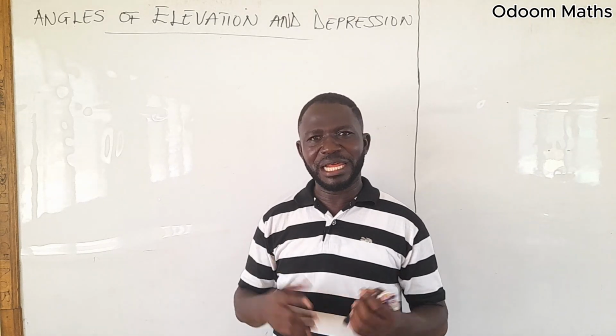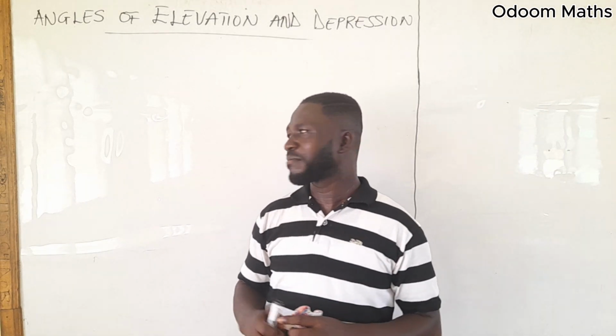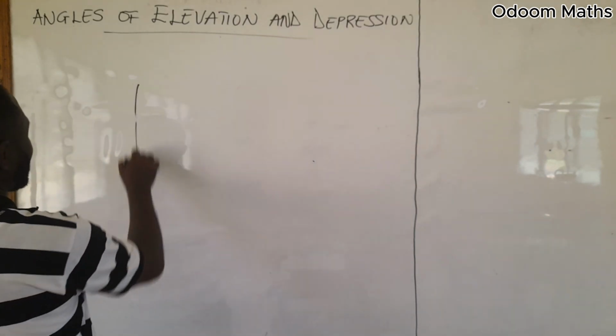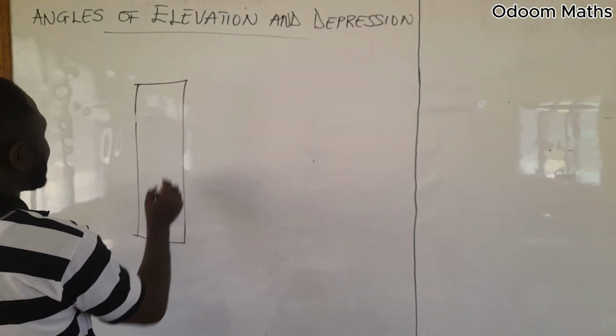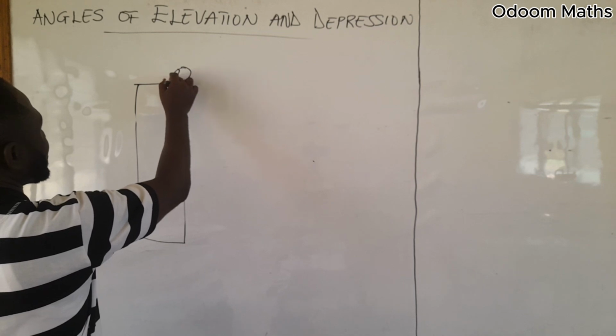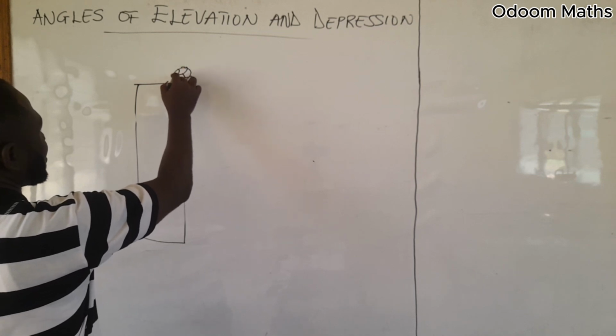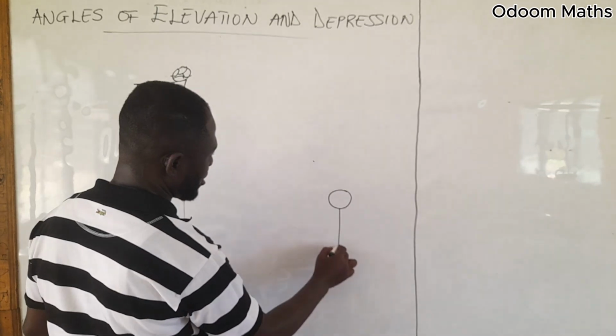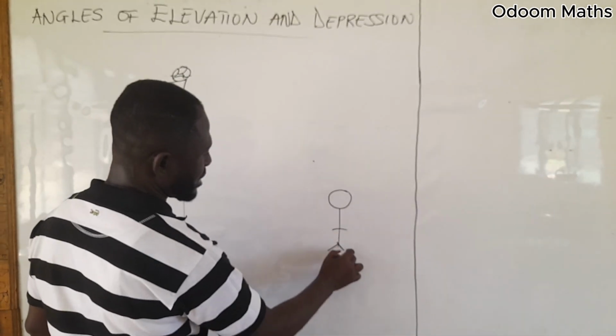So let me make an illustration for you to see. Let's assume this is a building, and then there is a ball on the top of the building. Then there's a boy also here who wishes to play this ball.